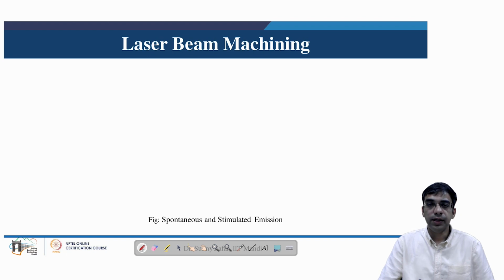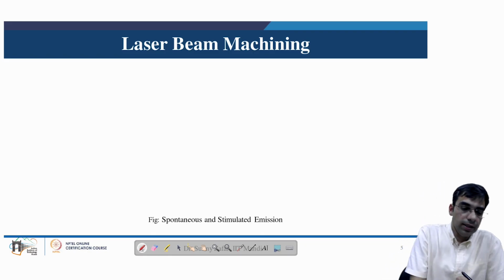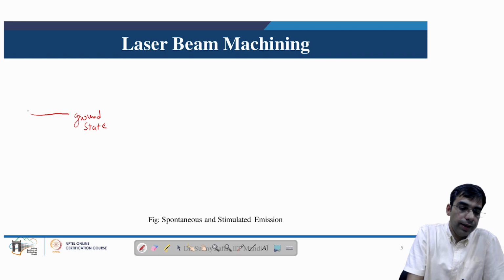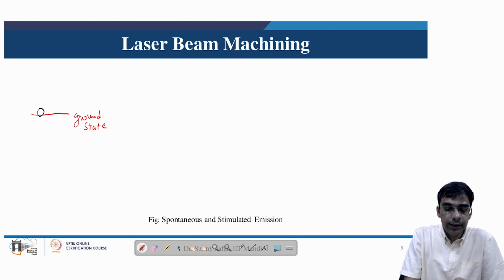So now we will understand how the laser beam is created by highlighting the difference between spontaneous and stimulated emission. So in any material, there are various atoms, and atoms have several electrons. So these electrons generally are available on the ground state, and upon incidence of any external photon, these electrons may gain energy.